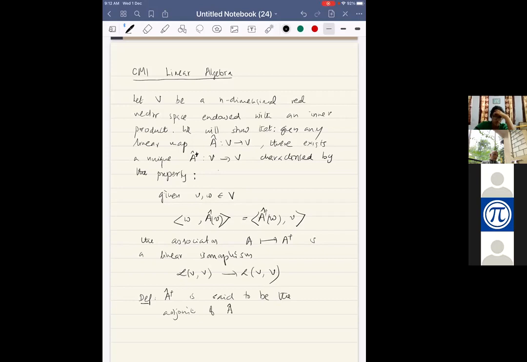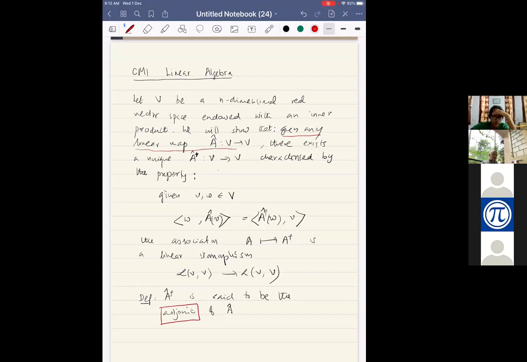I should remember to put hats because I'm not talking about matrices, but of linear maps. So I want to define the adjoint of a linear map from V to V, given that V has an inner product. And to define that, I need this following result, which is the underlying thing.